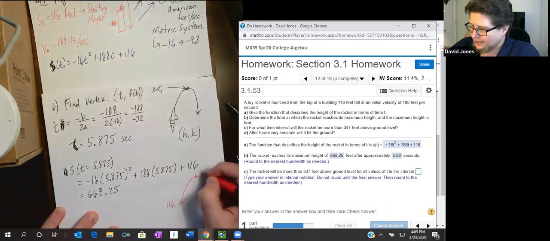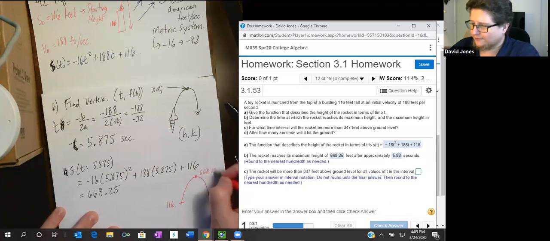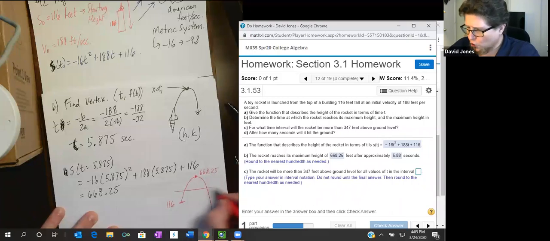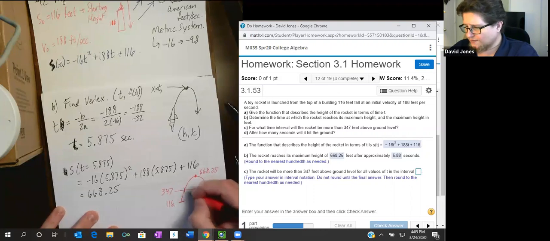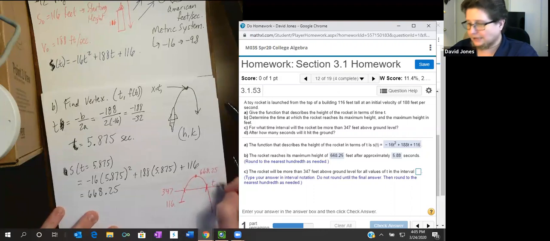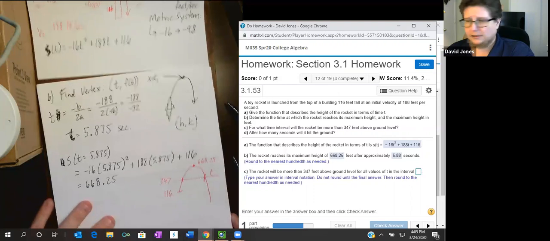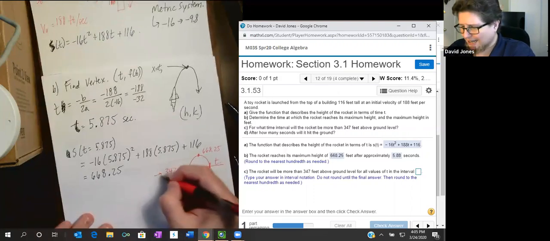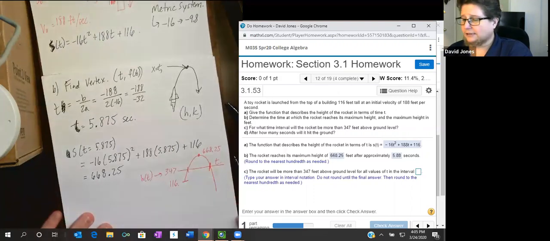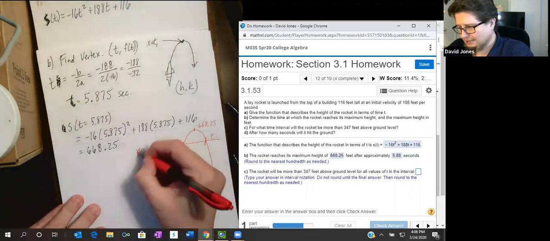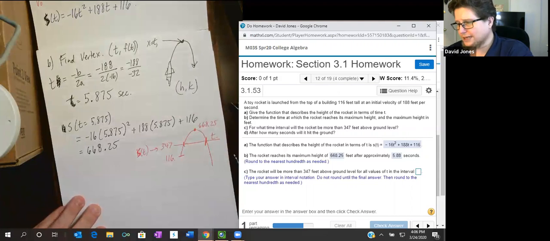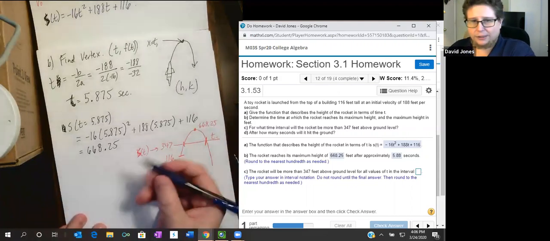Up here, it's at 668.25. They want to know about 347. What values of t is it? 347 is the height. That's h of t, or s of t. To solve this, we need to set s of t equal to that 347.